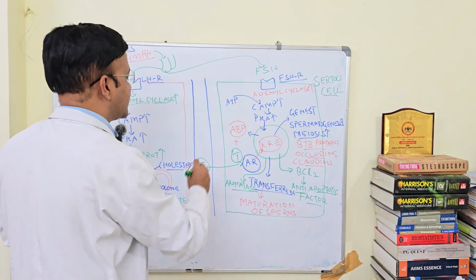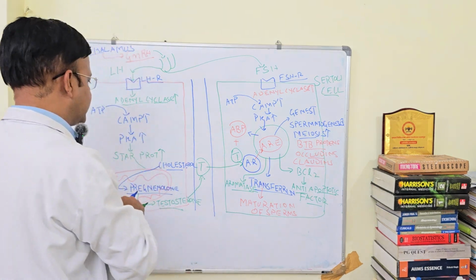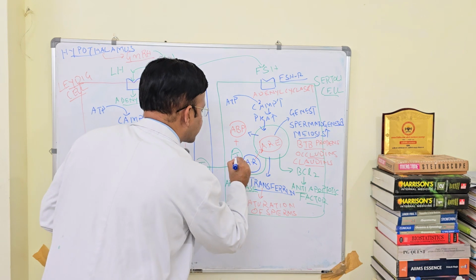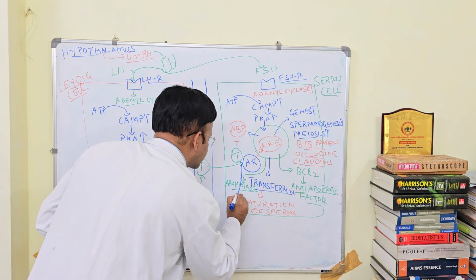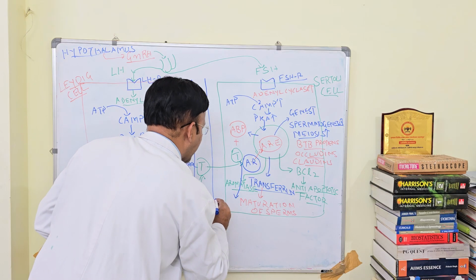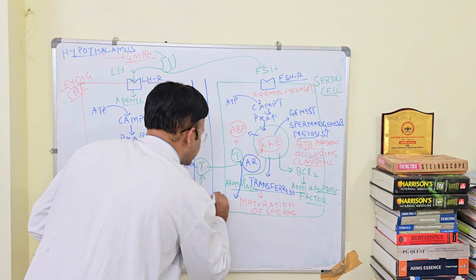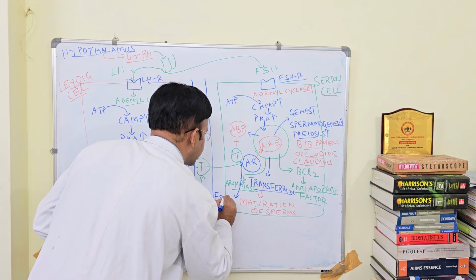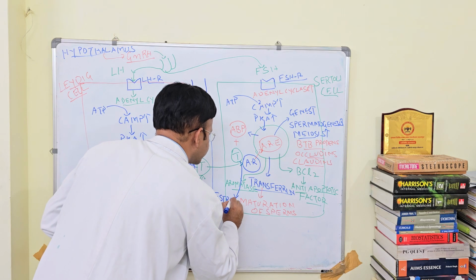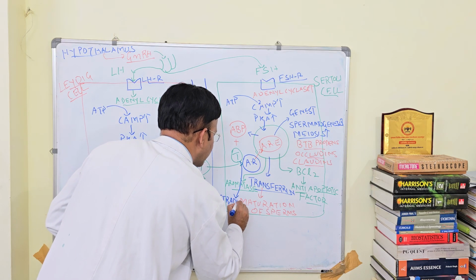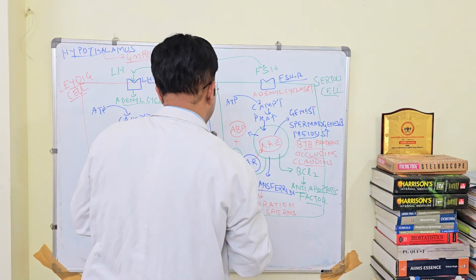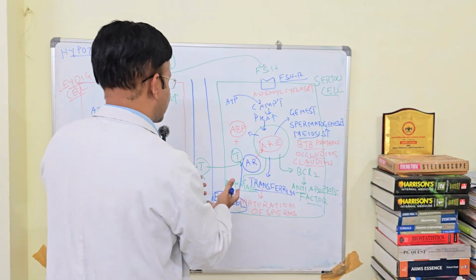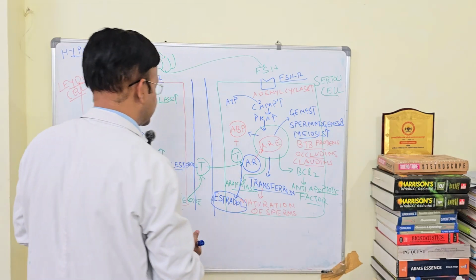And what this aromatase is going to do, it is going to convert your testosterone. I have written the short form T. This aromatase will convert your testosterone into estradiol, right? And here the story gets interesting. Many students get surprised and confused when they hear that estradiol is also synthesized inside testis, right?